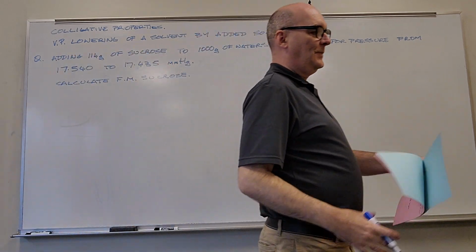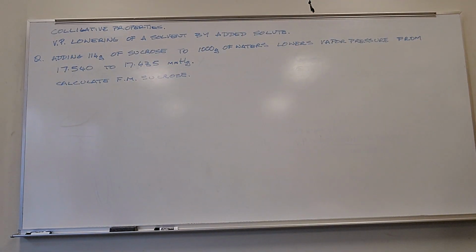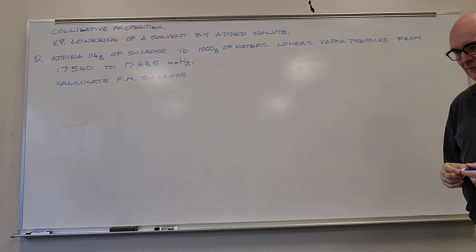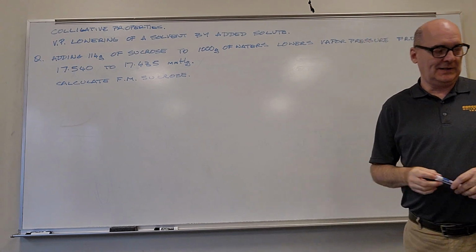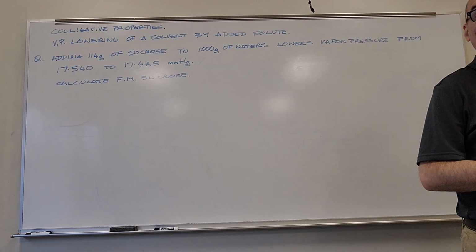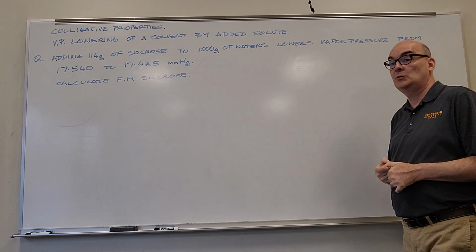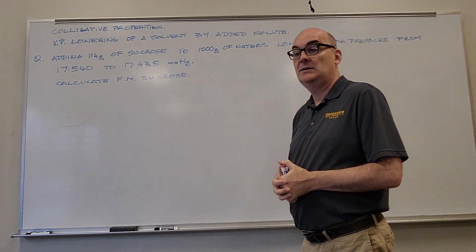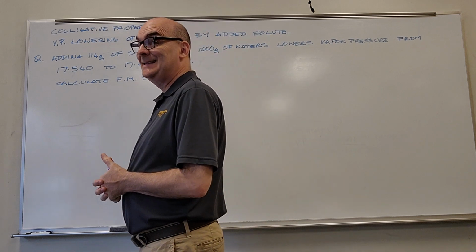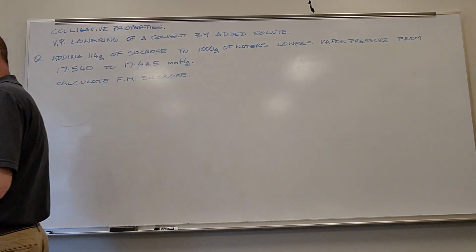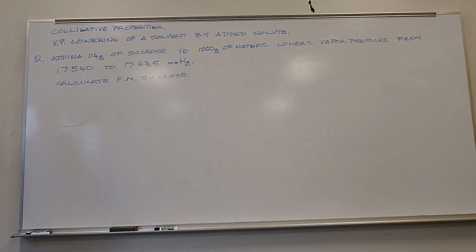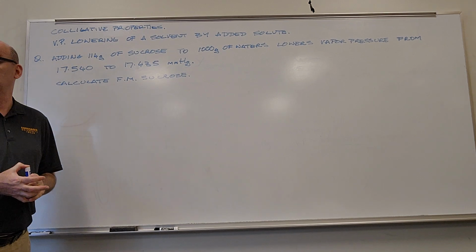This is a vapor pressure lowering, depression of freezing point, elevation of boiling point, all of those things, colligative properties, only depend on amount. They don't depend on identity. But the amount that they depend on is mole amount, not mass amount.